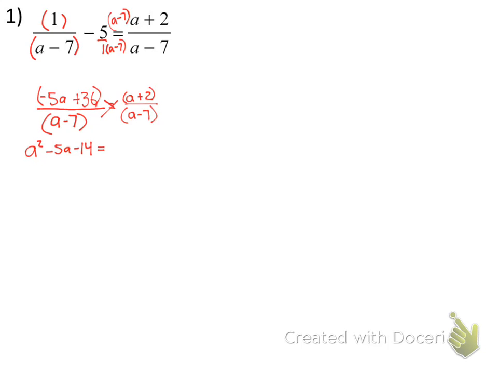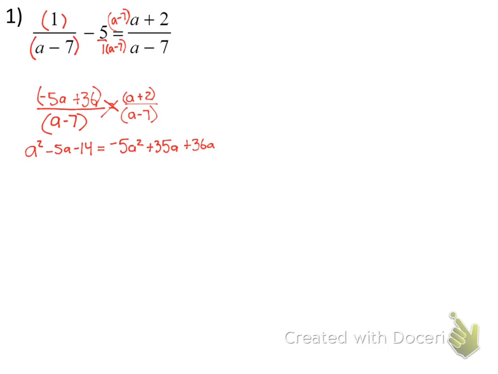Negative 5a plus 36 times a minus 7. So negative 5a times a is negative 5a squared. Then we have negative 5a times negative 7 is positive 35a. Then we have positive 36 times a is positive 36a.